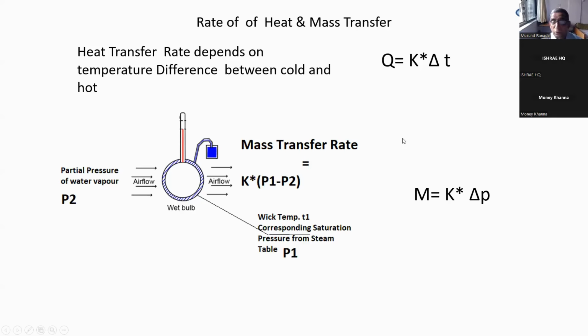So the mass transfer is equal to K into P1 minus P2, where P1 is the saturation pressure of water present in the wick, and P2 is the partial pressure of water vapor which is there in the air. So mass transfer is equal to K into delta P. Like Q is directly proportional to delta T, mass transfer is directly proportional to delta P.